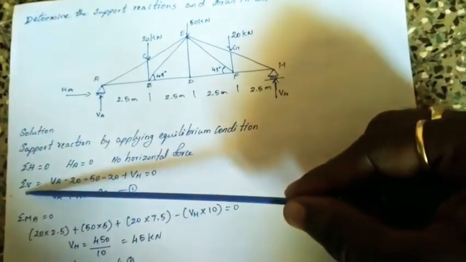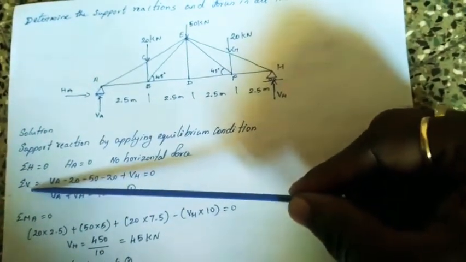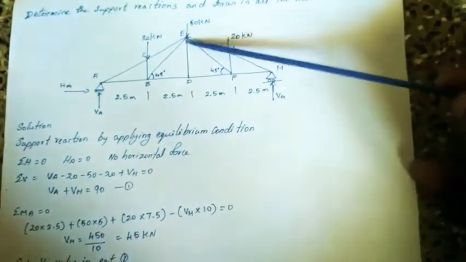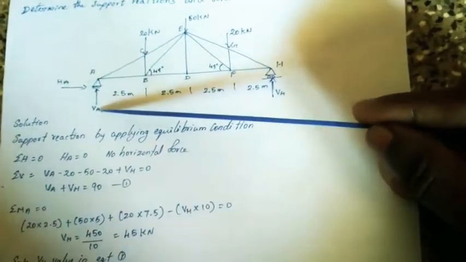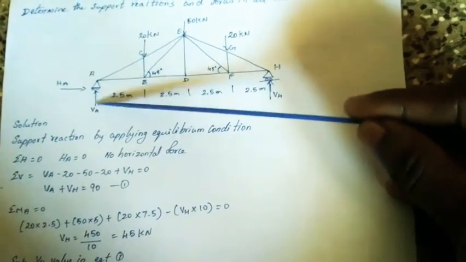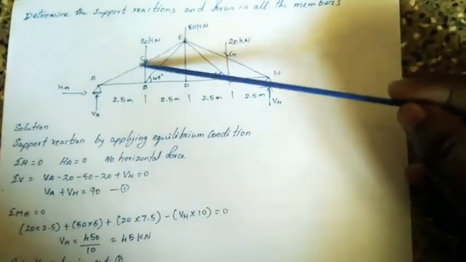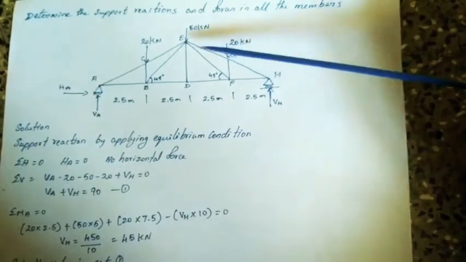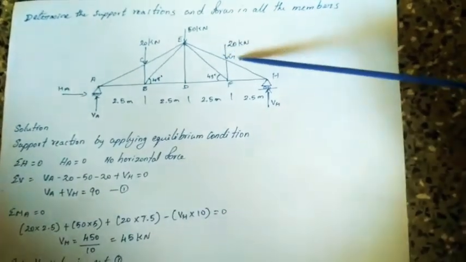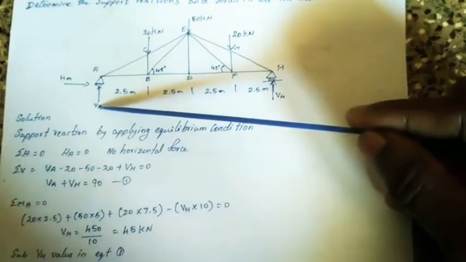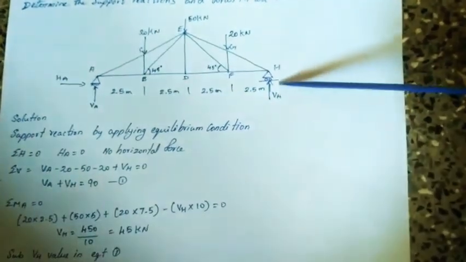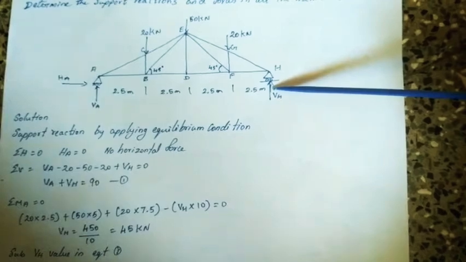Then the second condition is the summation of vertical forces equal to 0. What are the vertical forces over here? The vertical reaction force at point A, the reaction force at point H, and the three applied loads at points C, E, and G. The upward forces VA and VH are in the positive direction.